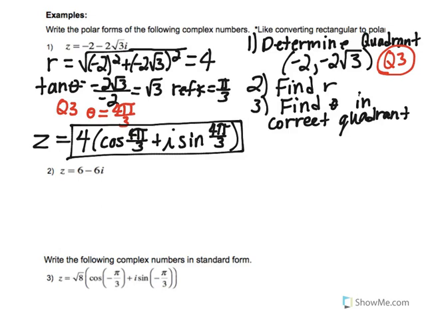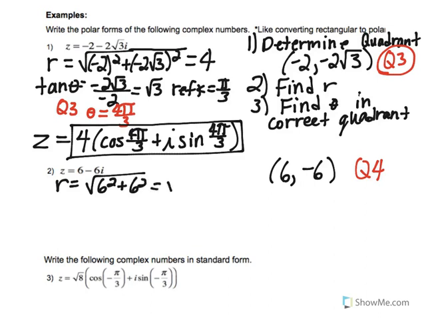Okay, so this next one we're going to do the same exact thing. We're going to take the point 6, negative 6, and decide the quadrant. So this is going to be in quadrant 4. That's going to be important for our angle. Our r is going to be the square root of 6 squared plus 6 squared, which is square root of 72. You're going to want to make sure to simplify any radicals that you get here. And your tangent is going to equal negative 1 over 1. Since we're in quadrant 4, you could put a negative angle.